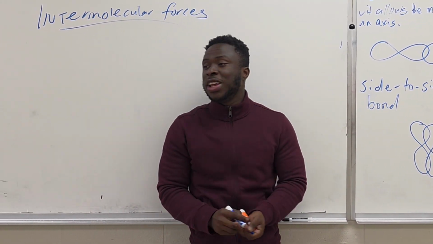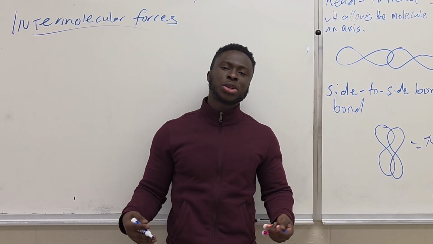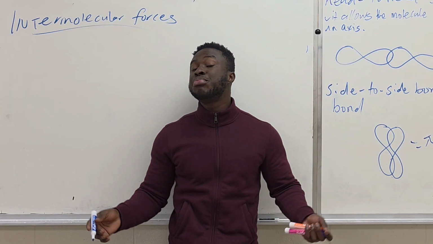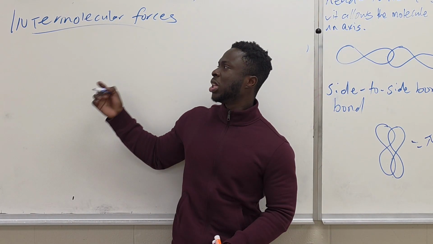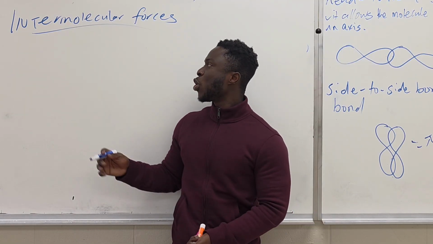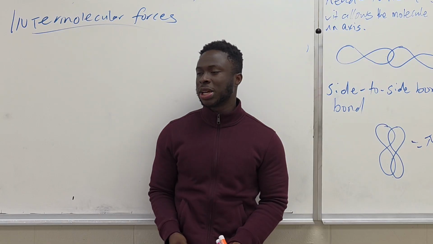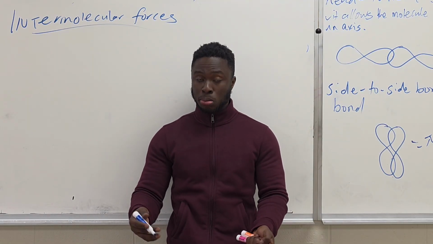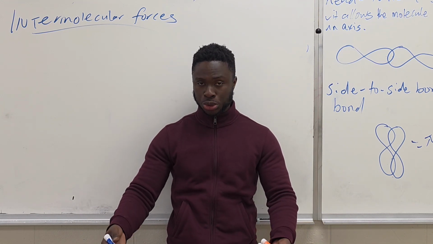If atoms form covalent bonds, it becomes a molecule. Now, millions of these molecules have to come together for you to see a compound or to see a physical end product of the thing that you can physically manipulate and touch, right? Now, for these to come together, we have what we call intermolecular forces that help it come together. It is how these various covalent bonded molecules interact with other covalent bonded molecules, right?